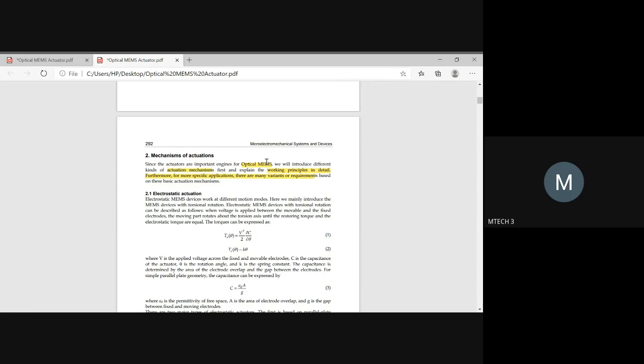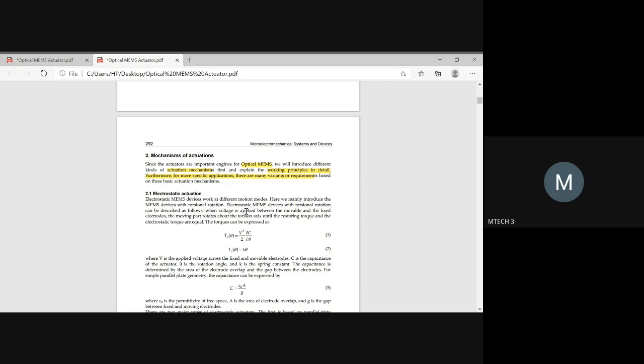Every optical MEMS cannot be used for the same application. Different versions of optical MEMS will be focused on different applications. So you have to think about which application you need. Based on that, you should be able to select which actuation mechanism is needed. To select, you should know how the actuation mechanism works. For that, knowing the working principle is also very essential.